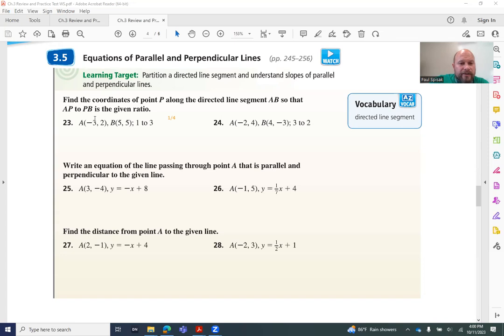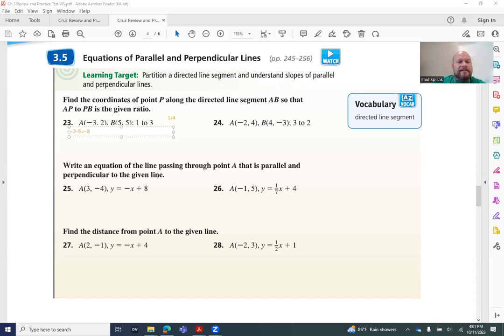Now, we do need to do our, we could do distance formula. We could draw this on a graph. We could count the difference, but we're going from A's x value to B's x value. So really all we're doing is going -3 to 5. So I'm going to say -3 minus 5, which gives us a total of -8.